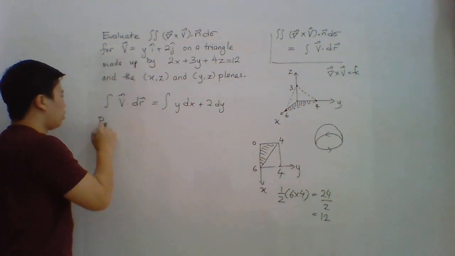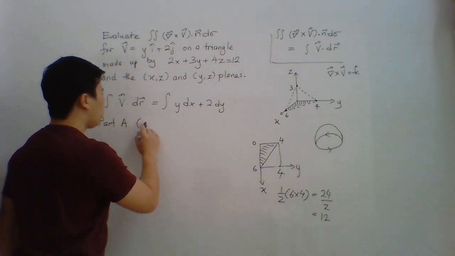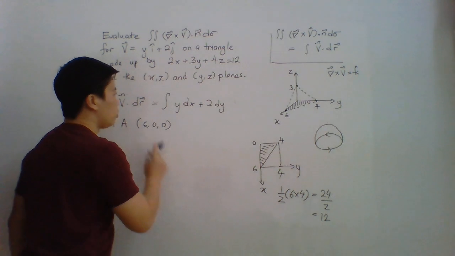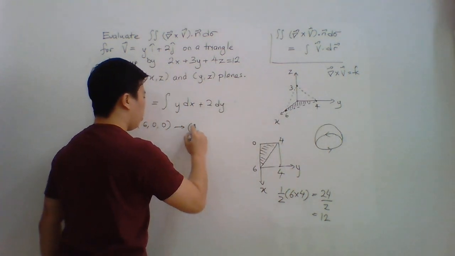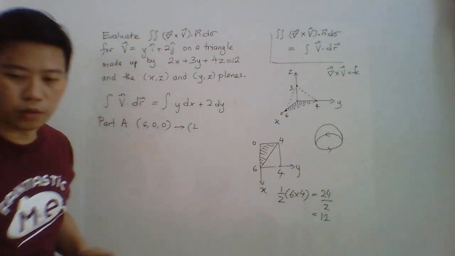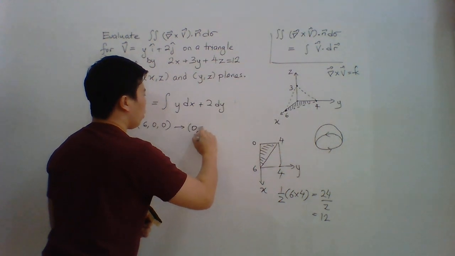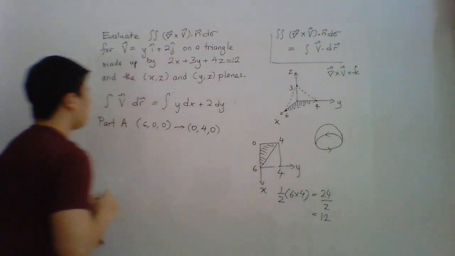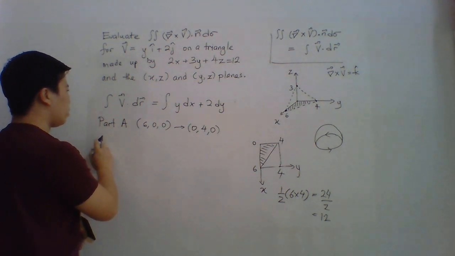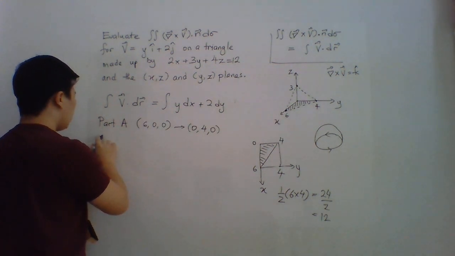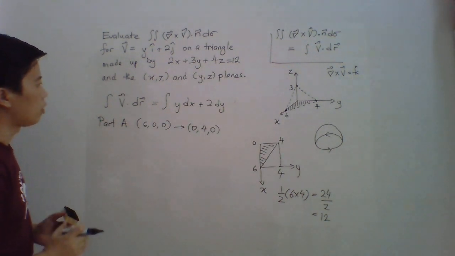So let's call part A, or part 1. So part A, you're going from 6, 0, 0, which is this point, to 0, 4, 0. So this is going to be, my x is 0, my y is going to be 4, z is going to be 0. So we can do it in a better way.